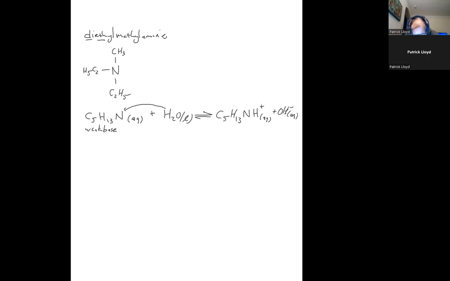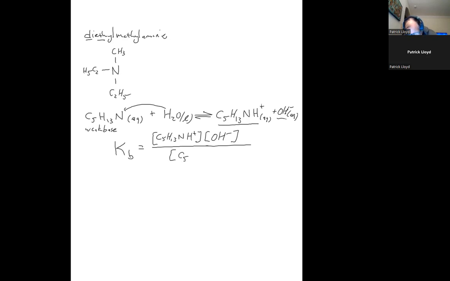Now the question is, how do we write the expression for equilibrium? Just like the weak acids, we do the products over the reactants. The first product is right here, the second product is right here, and then you have a reactant over here.